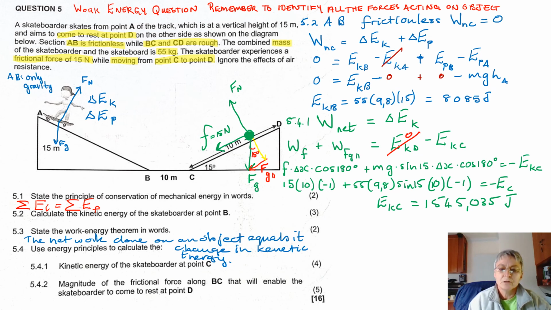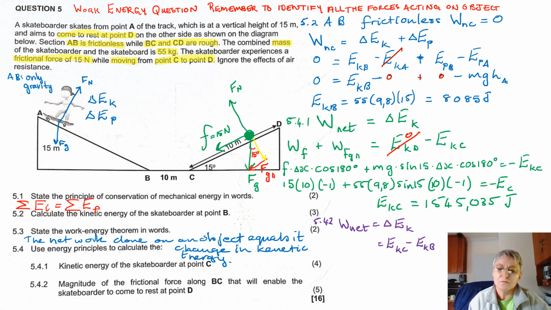Now, for us to calculate 5.4.2, it's a frictional force only that causes the change in kinetic energy. So W net equals the change in kinetic energy. And the change in kinetic energy in this case would be the kinetic energy at C minus the kinetic energy at B. And both these quantities we have calculated already.